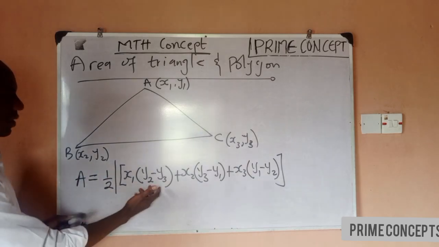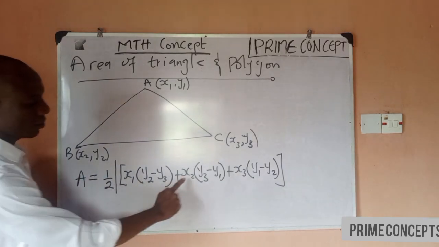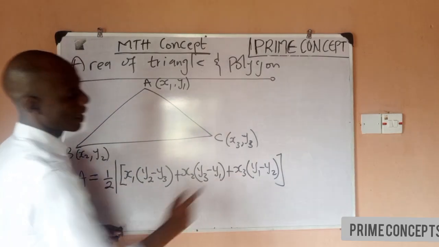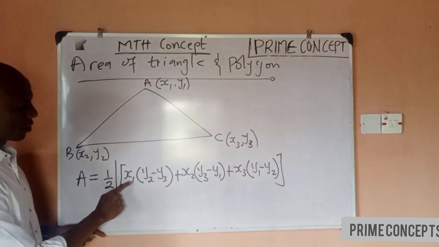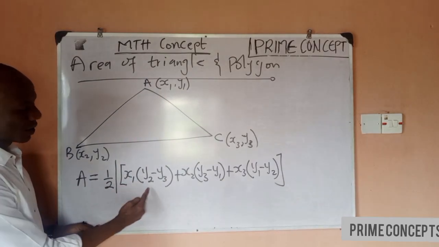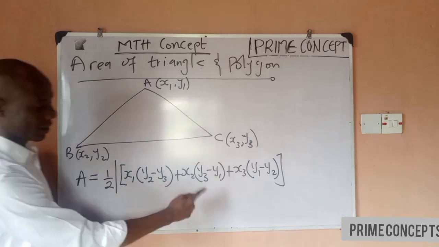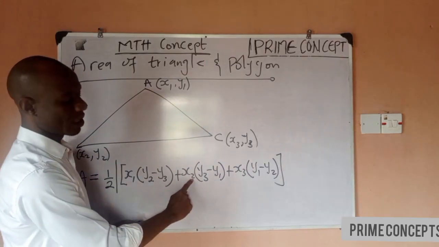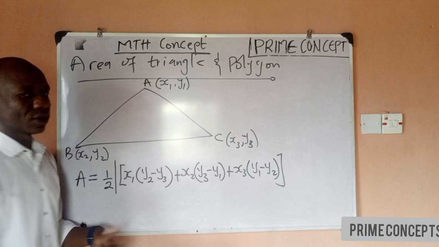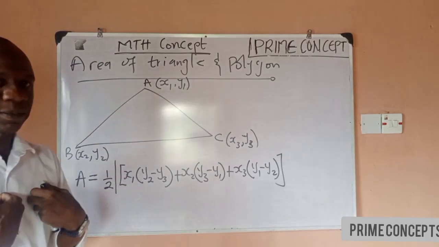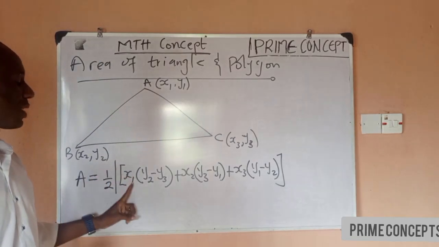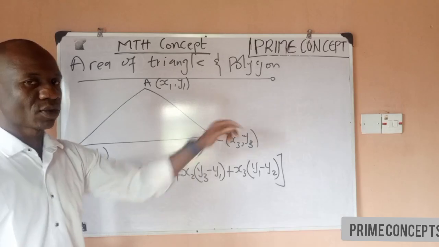So this is a formula we can use to find the area of a triangle. Observe how these things are. This is x1, this is x2, and this is x3. You notice if you have x and the subscript 1, then you shouldn't have 1 again in your subscript for y. Similarly, if your subscript for x is 2, you shouldn't have 2 again for y. And how do you remember this? Me personally, I remember that I'm going from down to up to down.